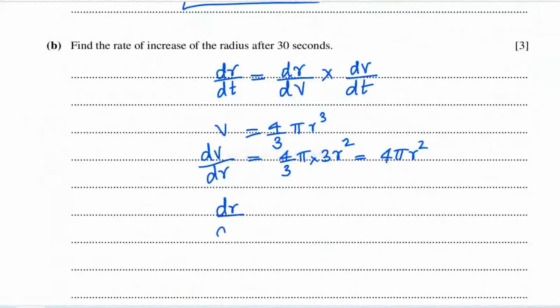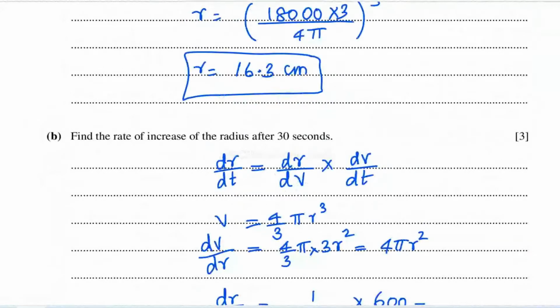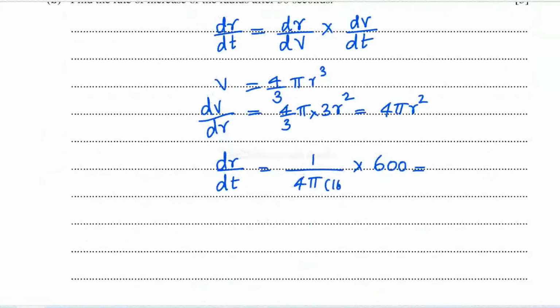So dr over dt equal to dr divided by dv, which is nothing but 1 over 4 pi r square, multiplied by dv over dt, which is 600, and for r square we can substitute the value as 16.3. On simplification it gives 0.18.